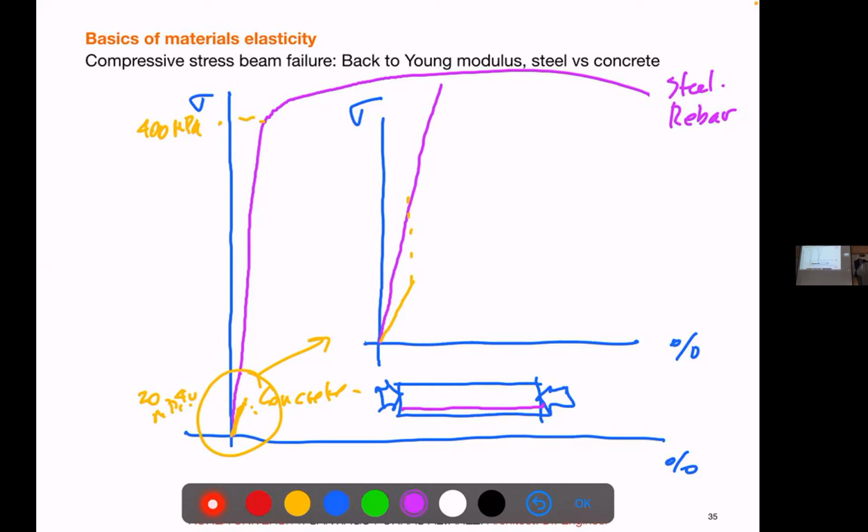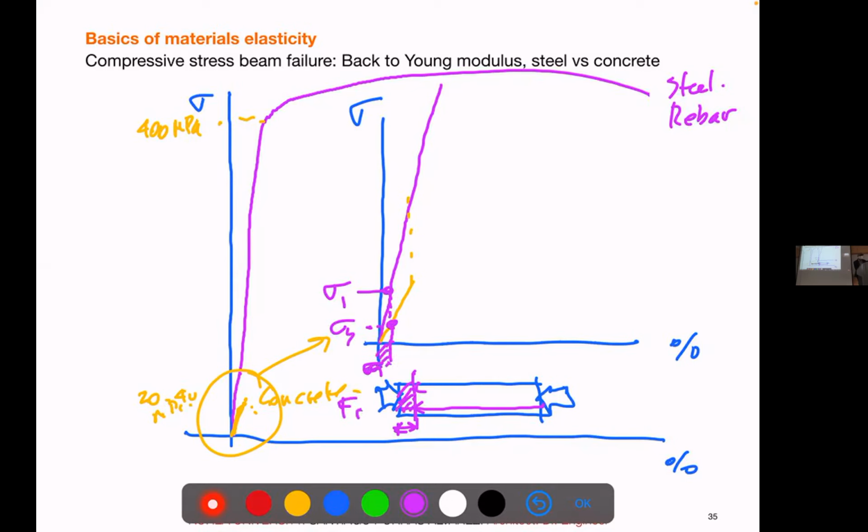So with this stress 1, it shortens this little bit. Both steel and concrete shorten the same, because they move together. At this point, concrete is working at one stress and steel is working at a much higher stress. So this is F1, and F1 will make this kind of shortening.